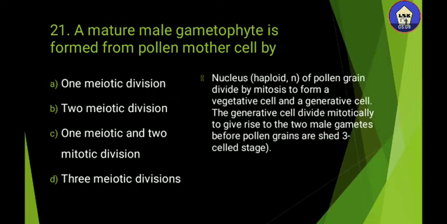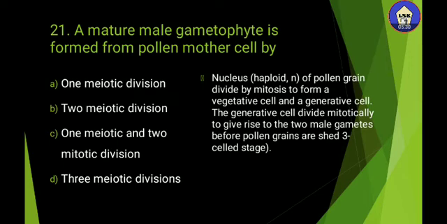The answer is, see here, the haploid nucleus of the pollen grain divides by mitosis to form a vegetative cell and a generative cell. The generative cell divides mitotically to give rise to 2 male gametes before the pollen grains are shed at the 3-celled stage.